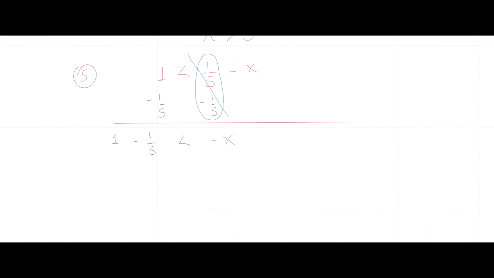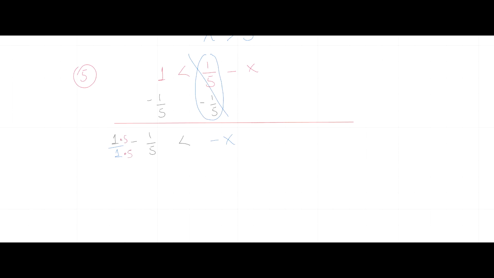Now, the number 1, you have a 1 here. Okay? As you see, these two numbers have different denominators. The only way that these two numbers will have the same denominator is if you multiply this one by 5 and this one by 5. All right?